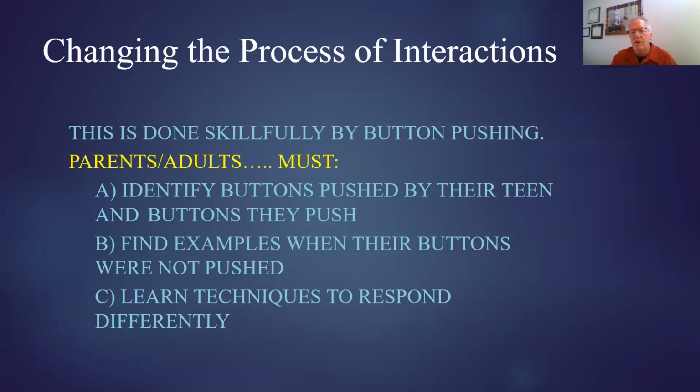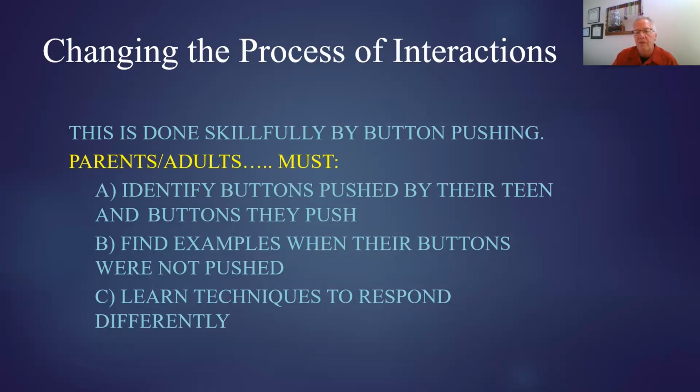in Scott's model, he talks about, there's a point where you will do some psychoed with parents, and you will talk to them about this difference in interaction, and then how to change the process of an interaction with an adolescent.